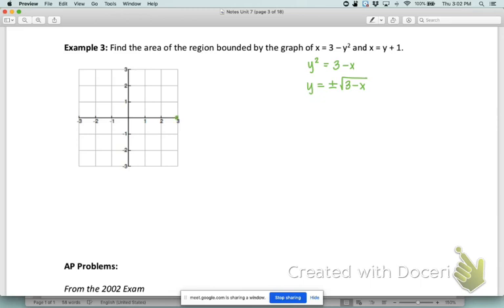The reason why that's so important is our graph is going to look like this. The positive square root of 3 minus x is going to look something like this. And the negative square root is going to look something like this. So what it really ends up graphing for us is a sideways parabola. If you don't have the plus or minus, you're not going to get both of those pieces. So you would have to put this in as two separate equations to your graphing calculator, one with the positive in front, one with the negative in front. And then if I want to graph x equals y plus 1, that would be the same as y equals x minus 1.